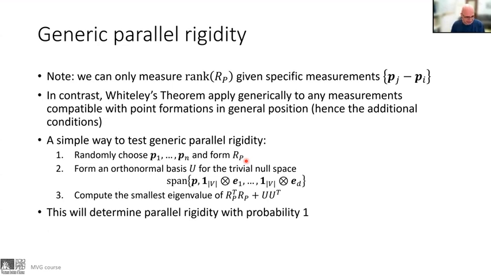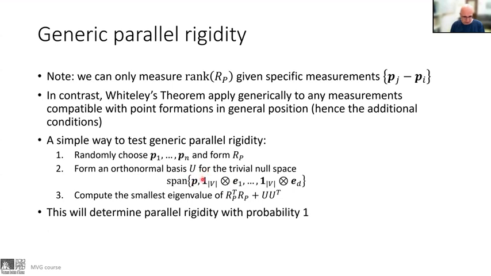Next, we form an orthonormal basis for the trivial null space. This orthonormal basis is simply spanned by the points, P1 to Pn, and then you take the unit vectors E1 to ED and just stack them as we did before.